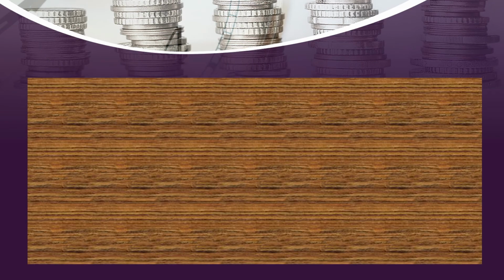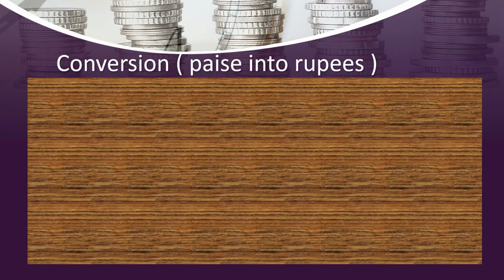Now students will learn about the conversion of paise into rupees. Let's take an example where I have to convert 500 paise into rupees. For that, I put it as 500 multiplied by 1 by 100 rupees. Why? As you all know, rupee 1 is equal to 100 paise.